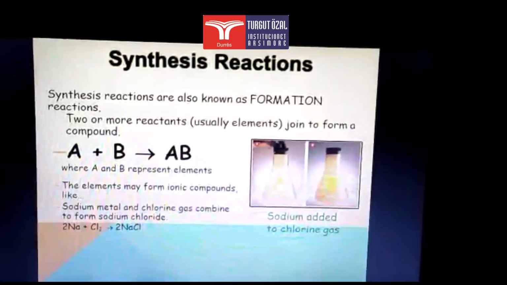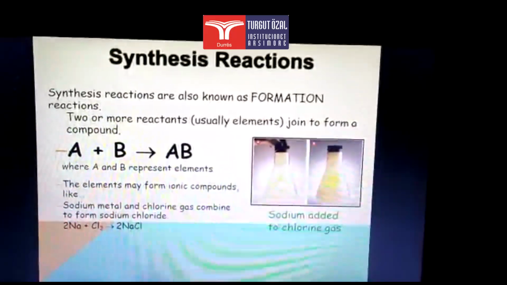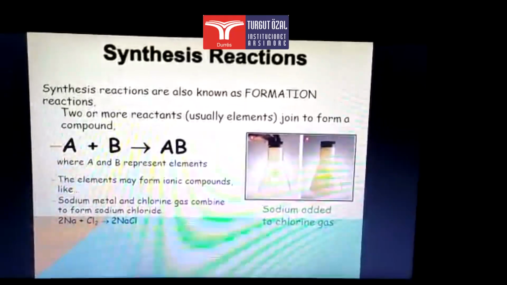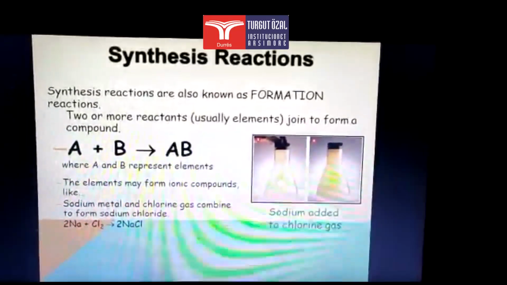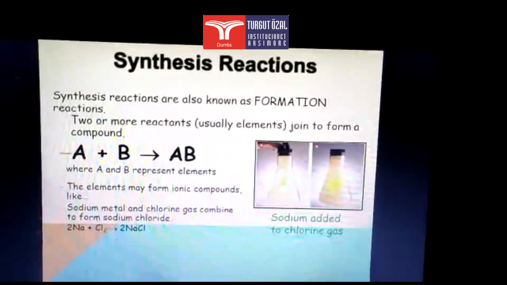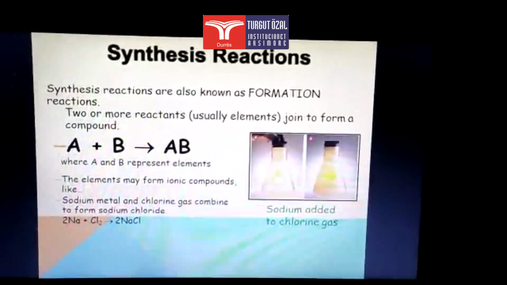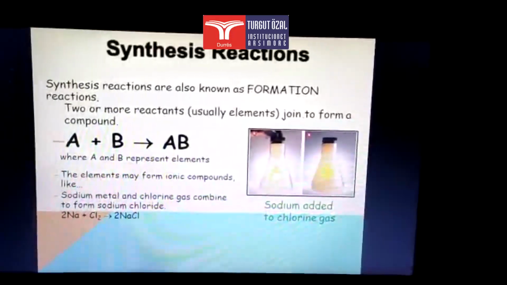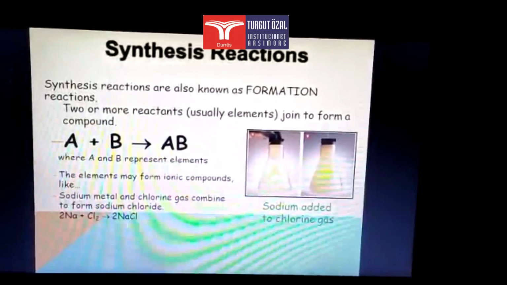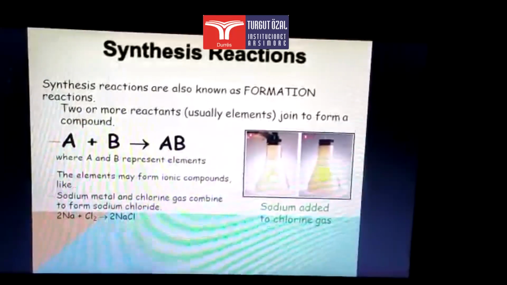Synthesis reactions are also known as formation reactions. Two or more reactants, usually elements, join to form a new compound. For example, A plus B gives AB. The elements may form ionic compounds, like sodium metal and chlorine gas combining to form sodium chloride.